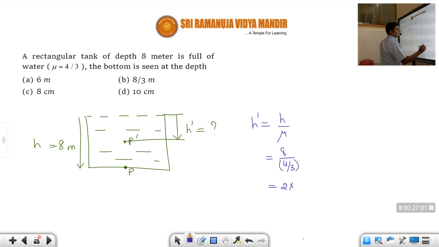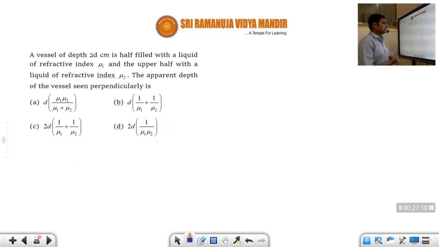Next one. A vessel of depth 2d centimeters is half filled with a liquid of refractive index mu1 and the upper half with a liquid of refractive index mu2.